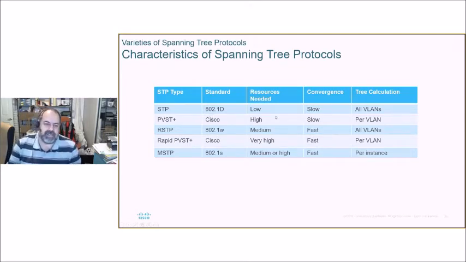So resources needed, high and then very high for the Cisco one, but there are some payoffs in other traffic considerations. And the others go from low to medium to high. Convergence is, of course, faster with rapid spanning tree.